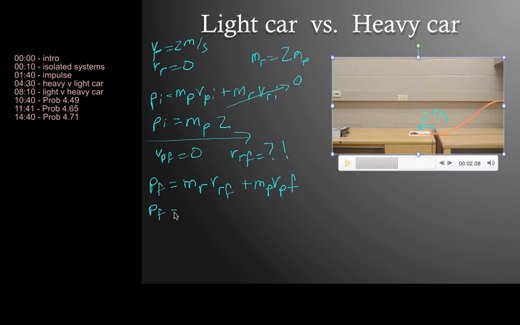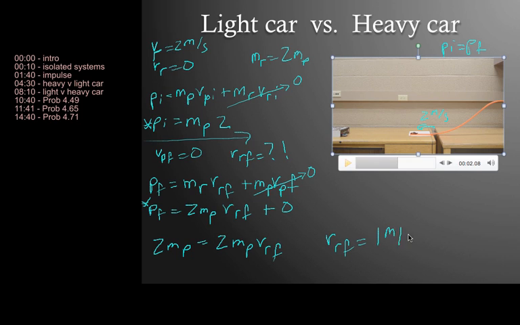So we can go ahead and plug in this 2 m purple, v red final, plus this was just a 0. And now we can equate these two to each other because we know that momentum is conserved. So here we have 2 mp is equal to 2 mp v red final. So v red final is equal to 1 meter per second.